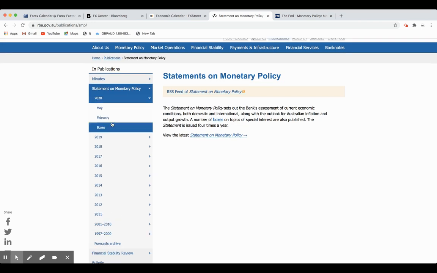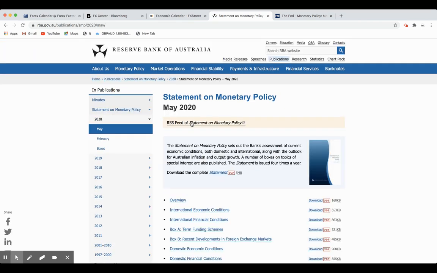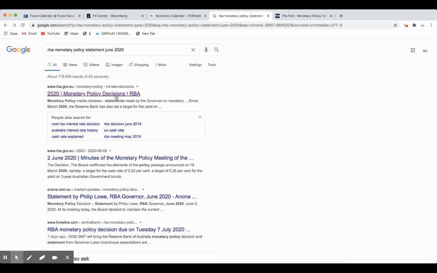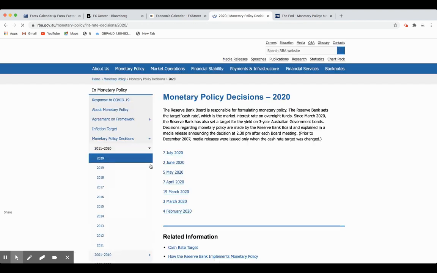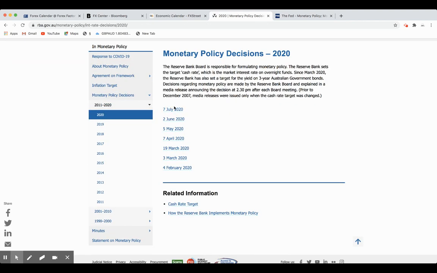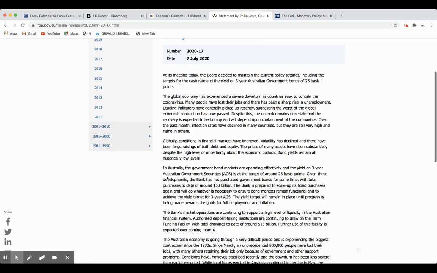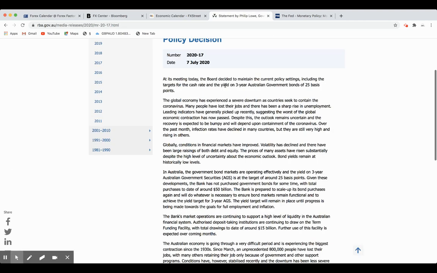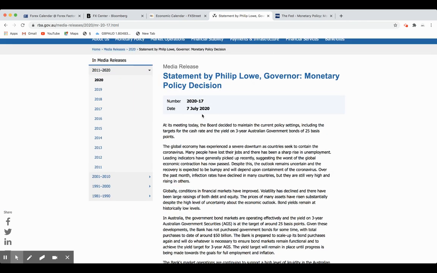So the Reserve Bank websites and the central bank websites are going to show you monetary policy decisions, and then if we dive into them, we can actually see the reasons why interest rates have been changed, and the current economic outlook for the different economies, okay.